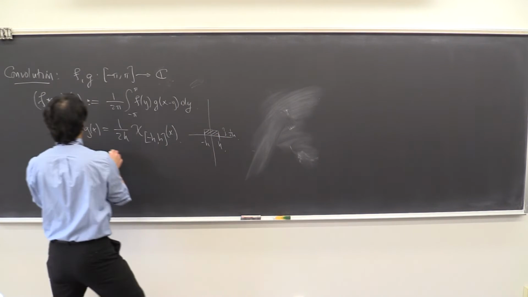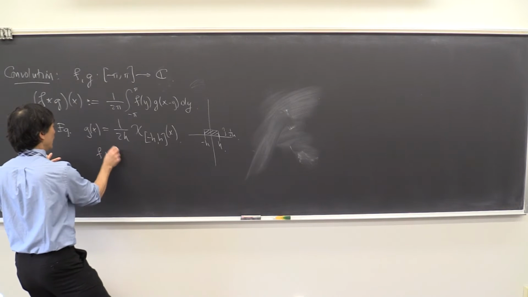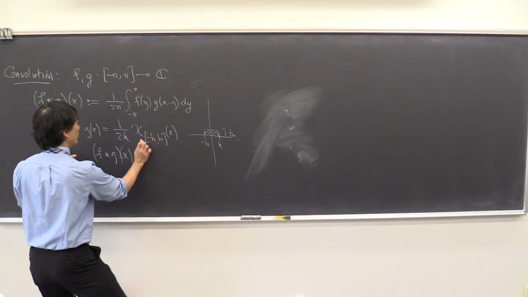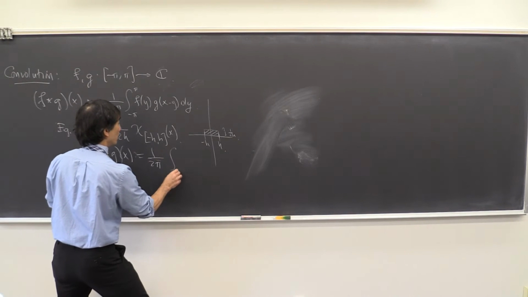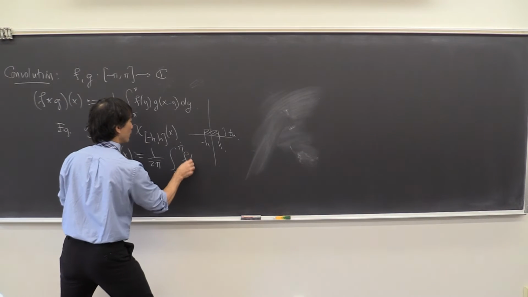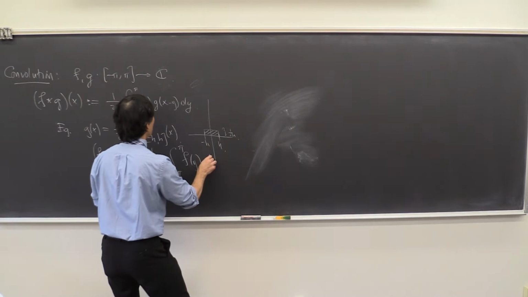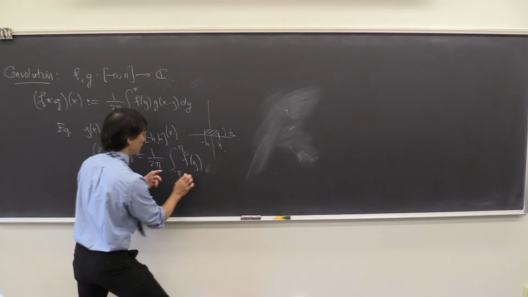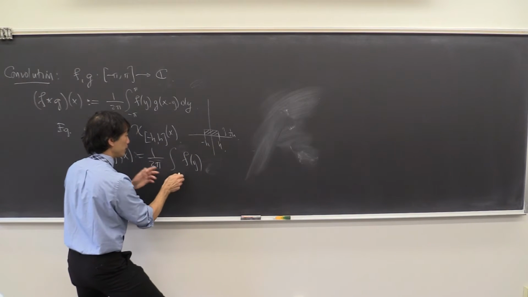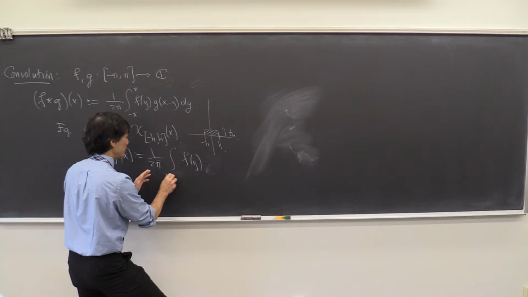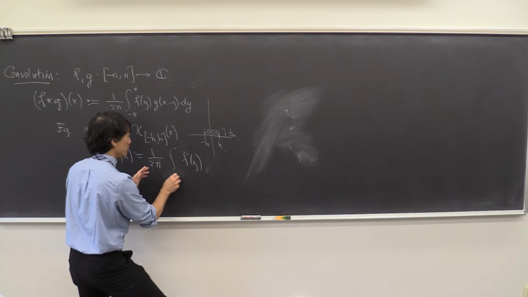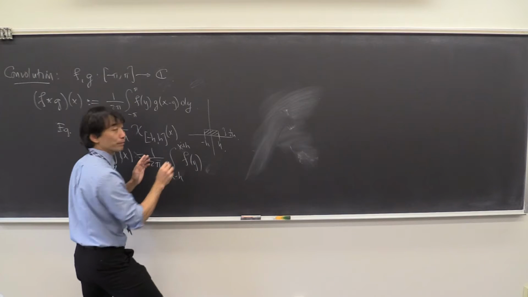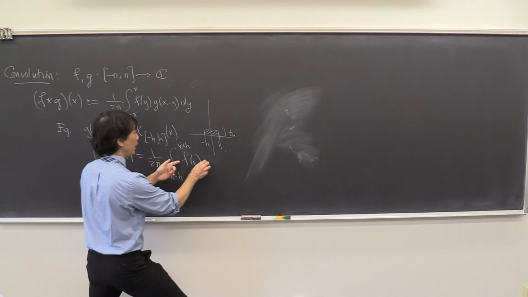So in the example, f convolved with this guy would be this thing, but this is going to be 1 when y lies within x minus h, x plus h, right?